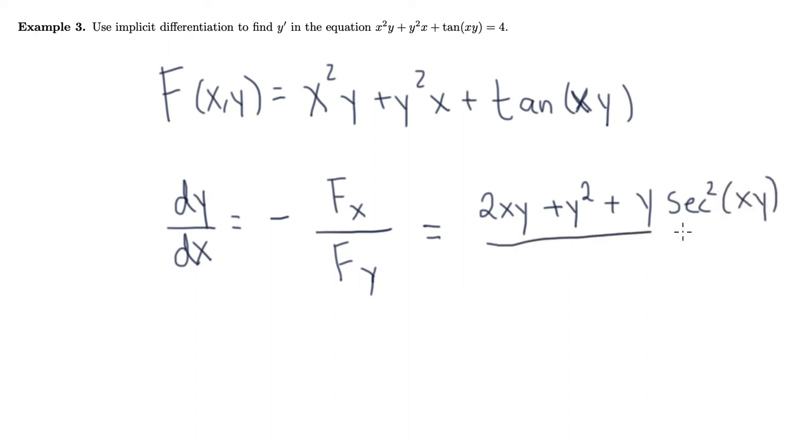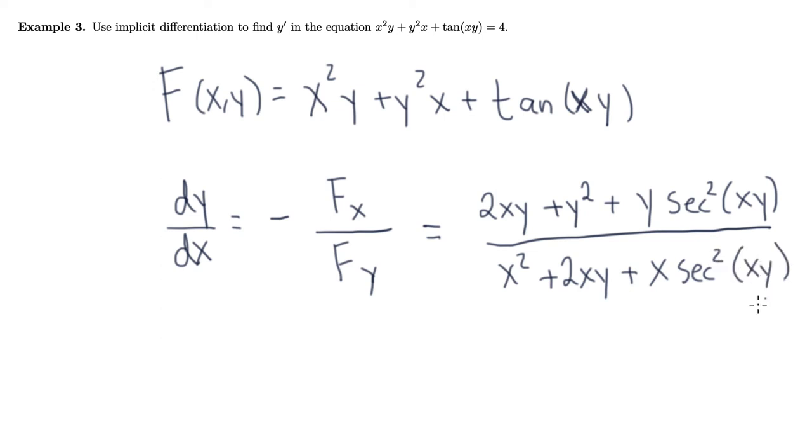And then all over the partial with respect to y, which is just x squared plus 2xy plus, this time we'll take the partial of the inside with respect to y, so we'll get x, and then secant squared xy. And we're done.